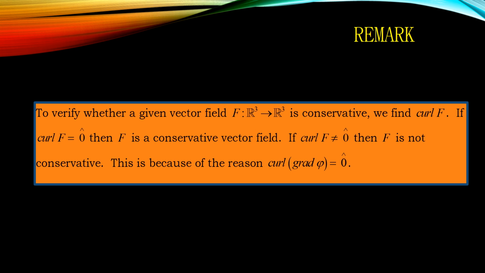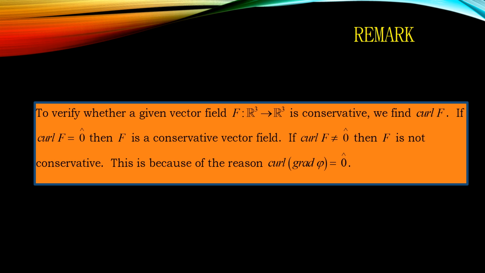We say that a vector field is a conservative vector field if we can find out a scalar field phi whose gradient equals the given vector field. We can't find out a scalar field phi in such a way that its gradient equals the given vector field directly. So we need a shortcut in doing problems.